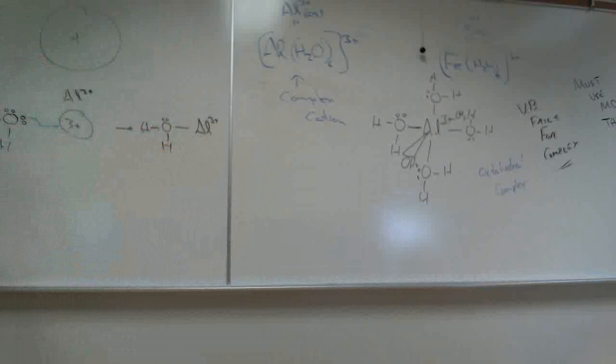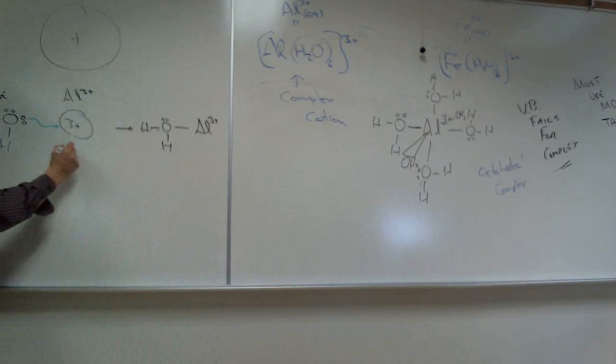One of the lone pairs is now a bonding pair, and we call that, what kind of bond is that? Coordinate covalent. And what kind of reaction is this? Lewis acid base. This is a Lewis acid base reaction. What's the Lewis base? Water. Water turns out to be a decent Lewis base. What's the Lewis acid? Aluminum 3 plus. This is the Lewis acid.